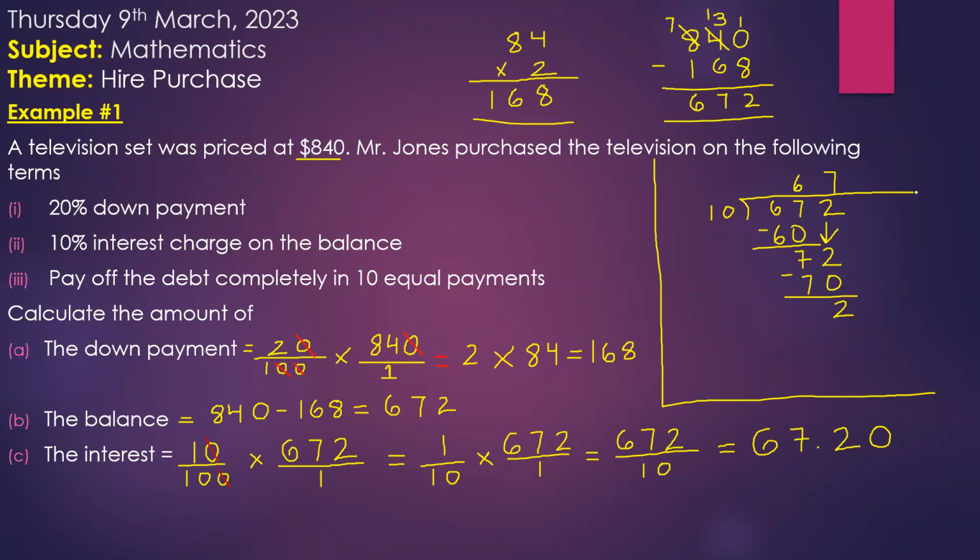What do we do at this point? We put a decimal point. The decimal point gives us permission to put an imaginary 0. How many times does 10 go into 20? 2. 10 times 2 is 20, minus 0. So it's 67.2, but we put a 0 in the box as a placeholder.